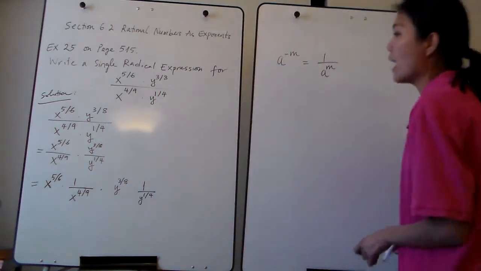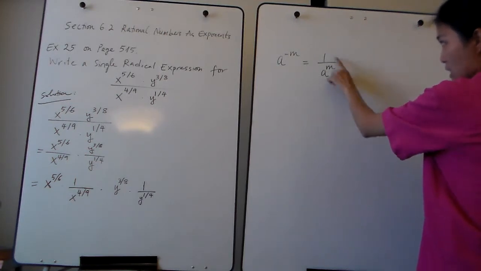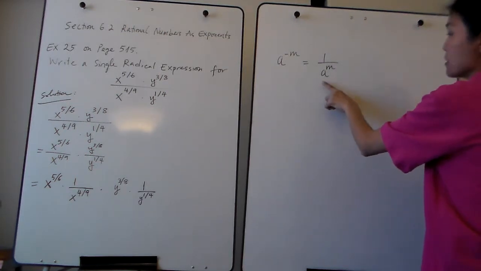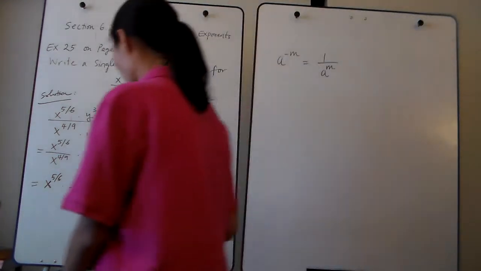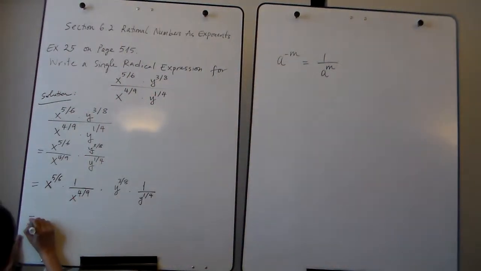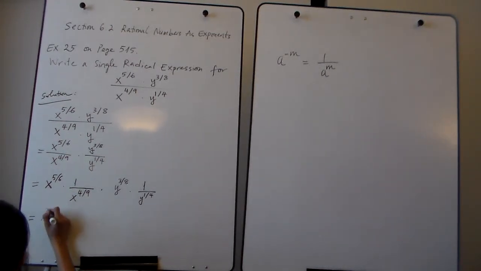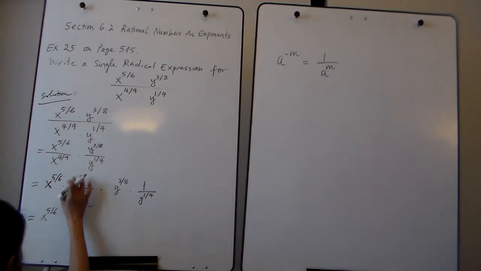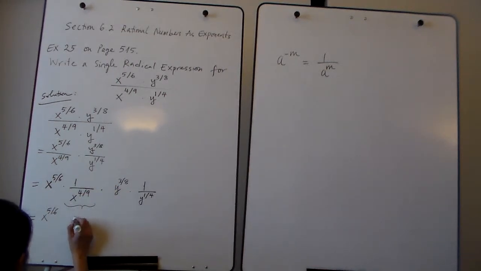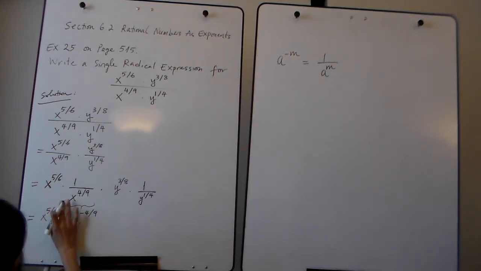Now I'm going to use this formula to rewrite the exponential expression in the denominator into the numerator. This one stays the same, x raised to 5/6. For this one, you can convert it to x raised to negative 4/9.